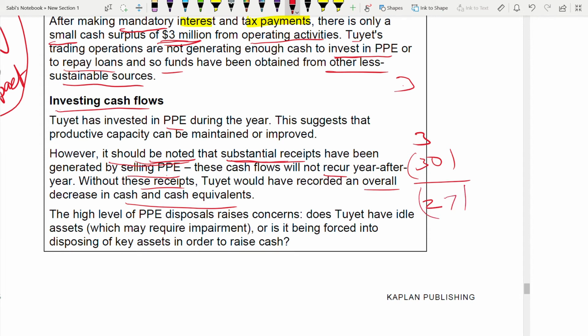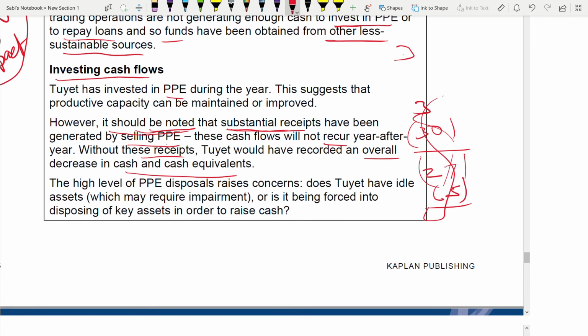Already you have a negative. So you can see it will decrease. Understanding? You don't have to obviously show those figures, not needed, but for your explanation I'm just showing you. Okay. And if you see high level of PPE disposal, if you sell a property, plant, and equipment and you raise a high amount, it again raises concern.